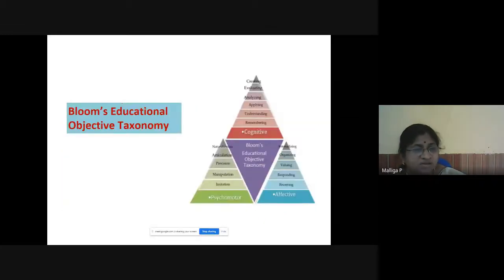And this we call Bloom's educational objective taxonomy, which talks about the cognitive, the psychomotor, and the affective domains, right? If you have any questions here, you can ask me, or shall I continue? Any questions?